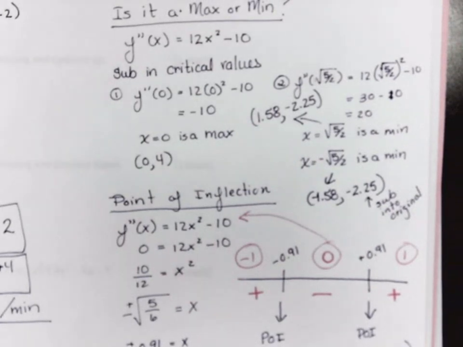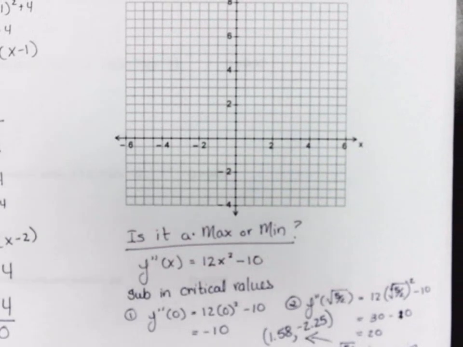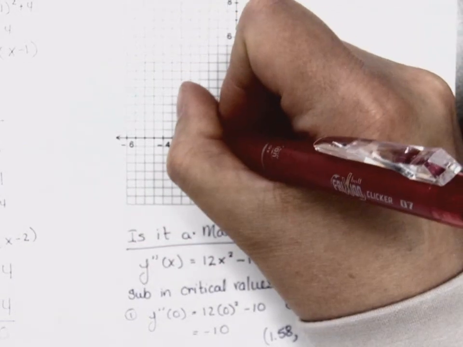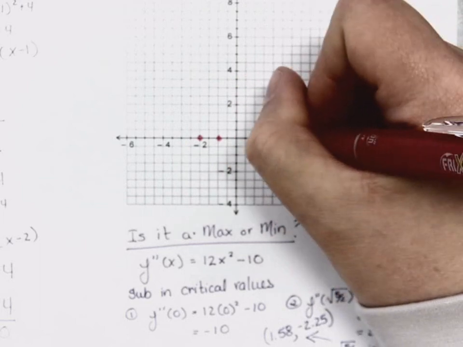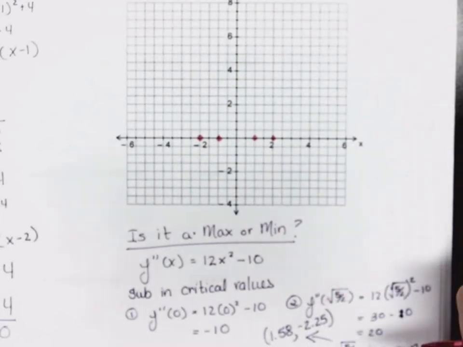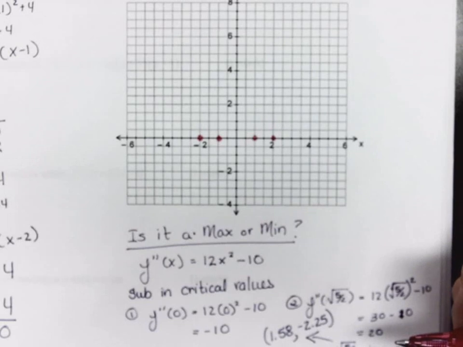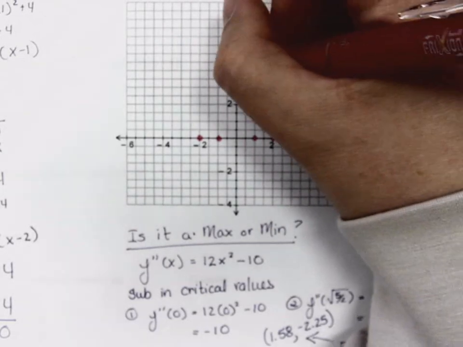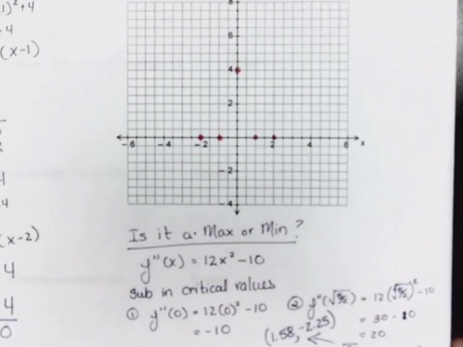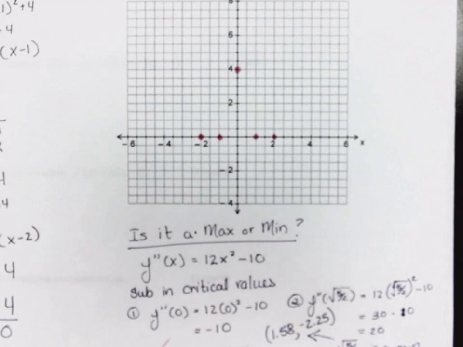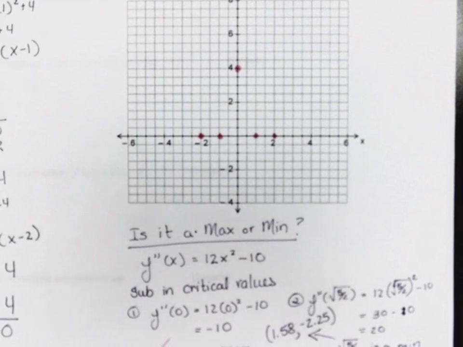Okay, let's plot all the points. I have -2, -1, +1, and +2. Have you finished graphing? You have? Oh, my apologies, sir. Okay, 0 and 4 was graphed, because that was my y-intercept.